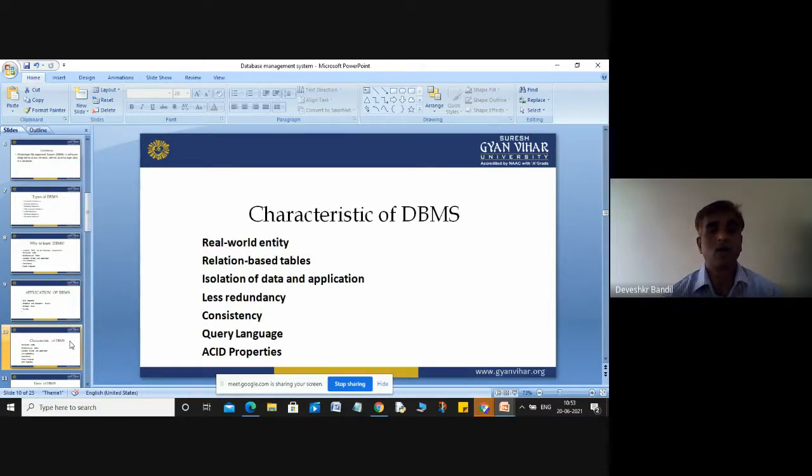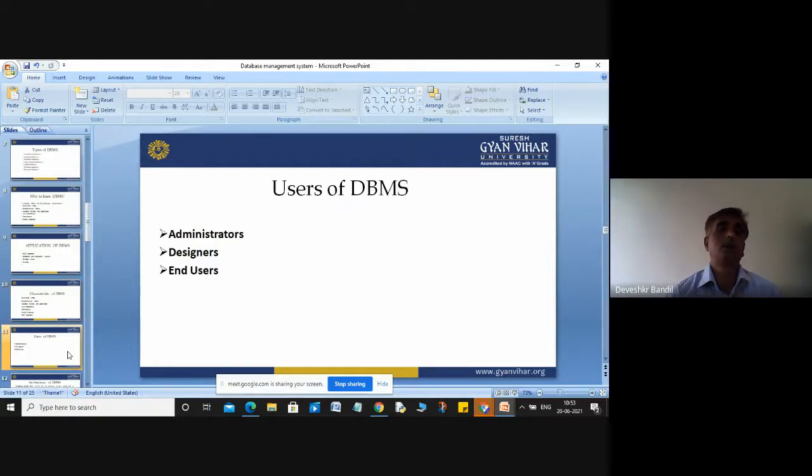And I have already told about all the characteristics of your DBMS, like real world entity, relation based tables, isolation of data and application, less redundancy, consistency, query language, and ACID property. If we talk about the users of your DBMS, they are administrators, designers, and end users.